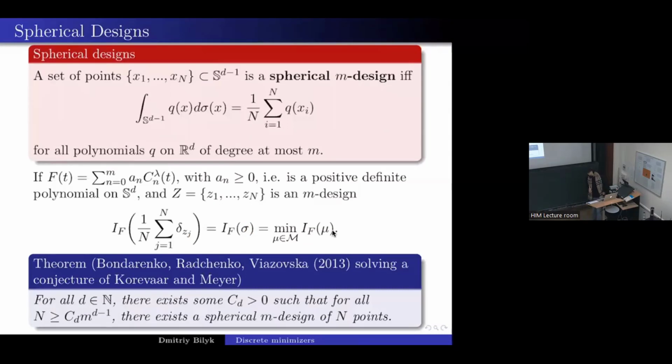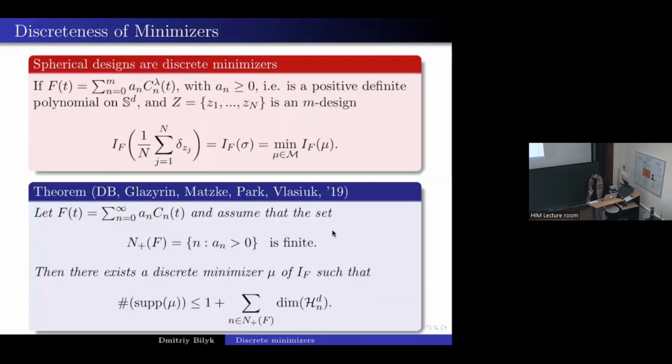So we proved with the same co-authors that this situation persists if you keep positive definiteness in check. So if you have a function that is not necessarily a polynomial, that has an infinite expansion in Gegenbauer polynomials, but the number of positive coefficients is finite.